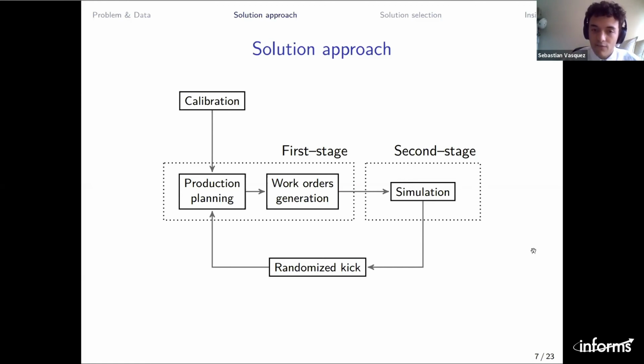So we use that information in the initial production planning step to retrieve better information about what would really be going on in the simulation step.